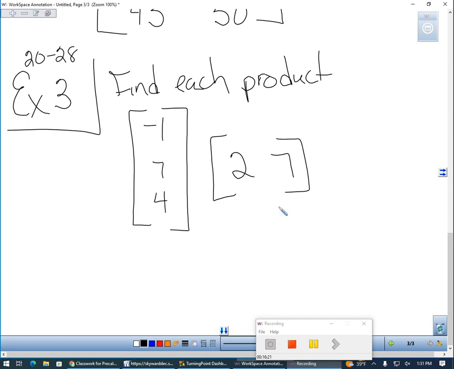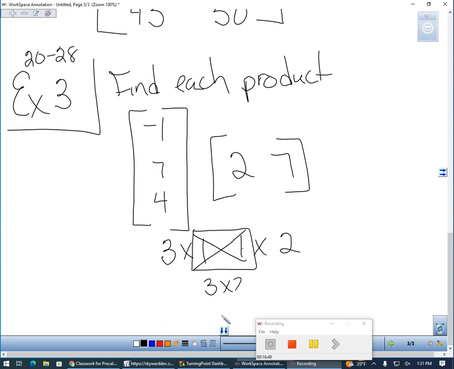What are the dimensions of my first matrix? 3 by 1. Very good. What are the dimensions of my second matrix? 1 by 2. 1 row, 2 columns. So I can multiply these together. My end result is going to be a 3 by 2. Exactly. Okay?